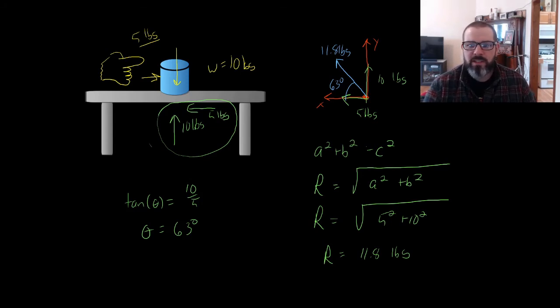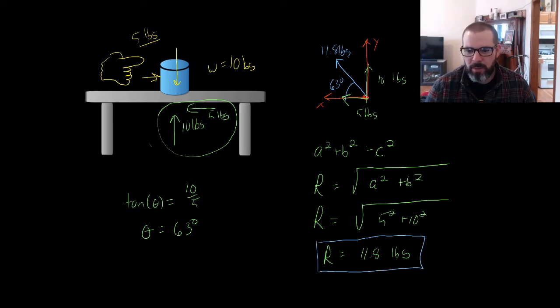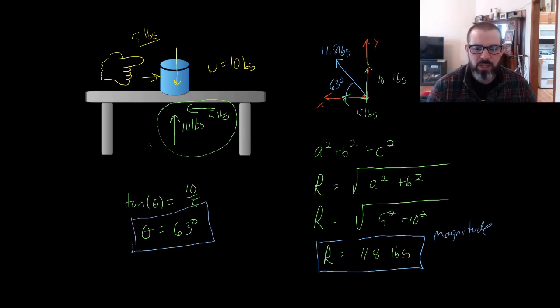Now, when we did this calculation, the 5 plus 10, you can see that we did one calculation for the resultant force, which gives us our magnitude. And we had to do another calculation for our angle, which gave us our direction.